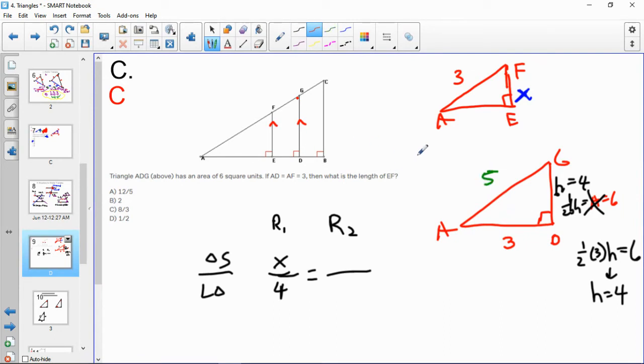And you can use Pythagorean theorem to do that, but I personally think that takes way too long. If you remember your triple, it's easy to derive these numbers real quick. And now, if I put 3 on top, I know I'm going to put the 5 on the bottom. And now I can cross multiply. 12 equals 5x. X equals 12 over 5, which is what I get for A.